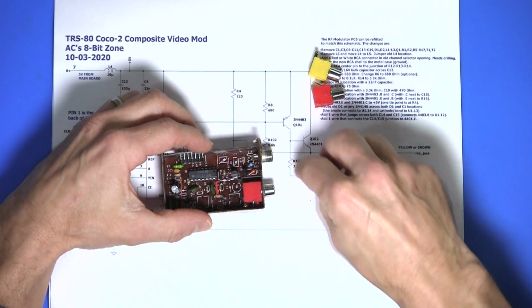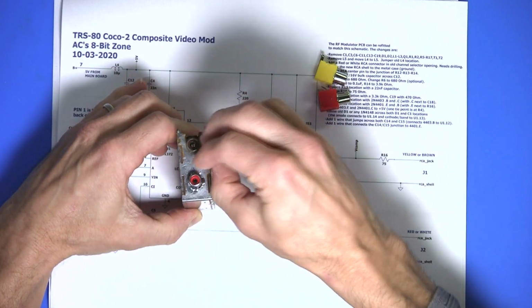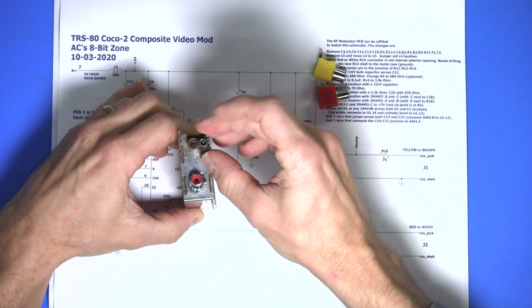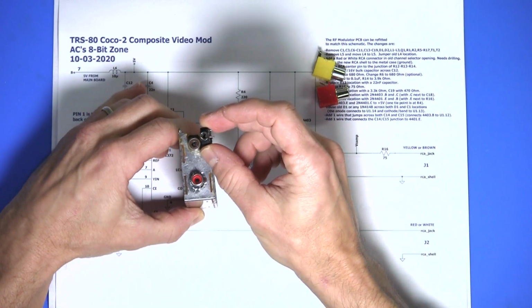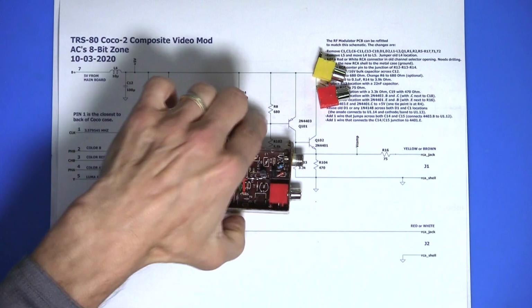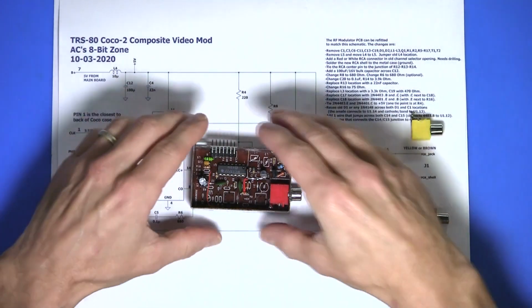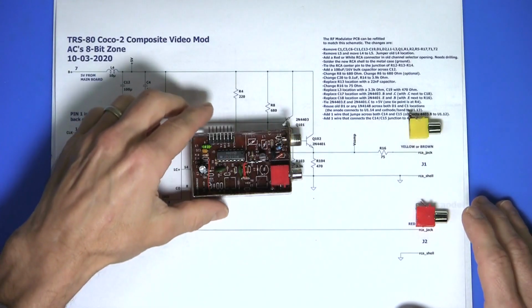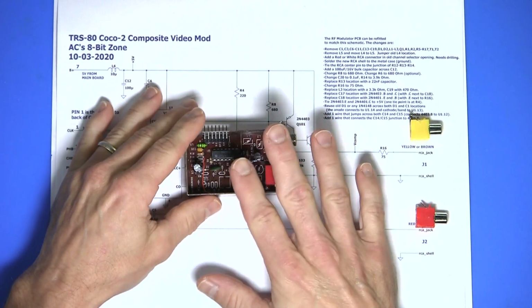You could remove this and you could use this connector instead. And I'm going to use one of these in my second mod that I'm going to show you. But here I just have video out and audio out. And I'll show some zoomed photos of this a little bit later.